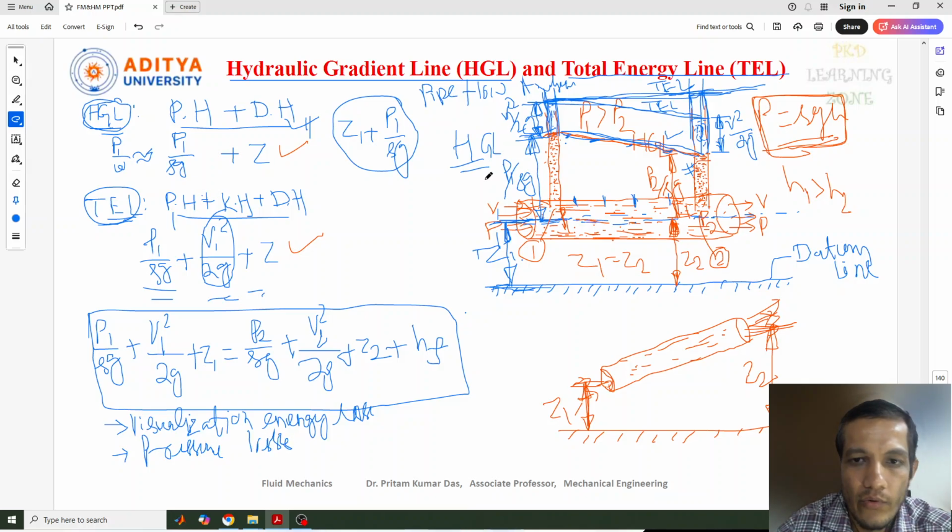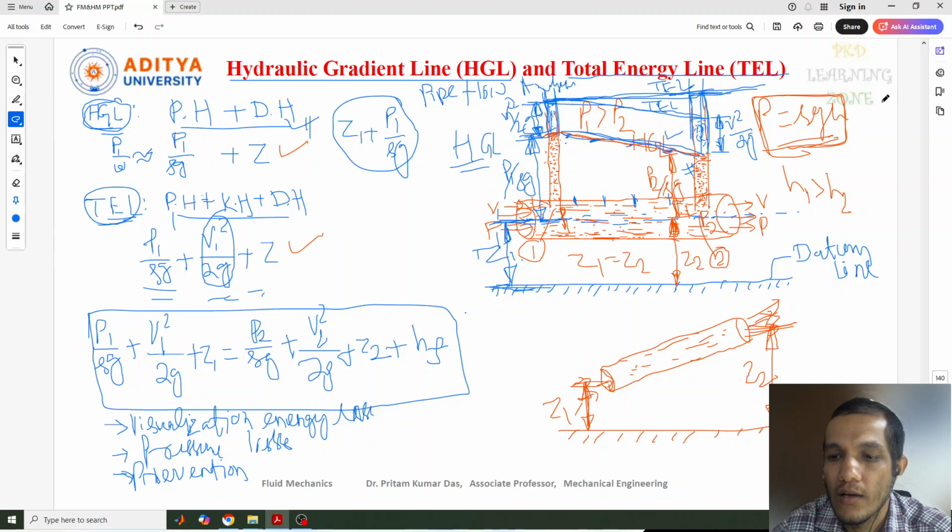Now if we are able to identify the energy loss and the pressure loss, immediately we can take prevention for this. To avoid these losses, like some pressure drop, or maybe cavitation may be formed due to those pressure losses, that can be taken as a preventive measure.